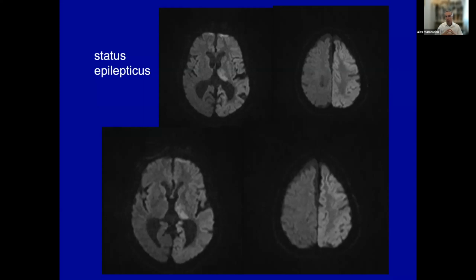You have to be cautious as to whether you're looking at the cause of the seizure or the effect of seizure. So you need to investigate in these cases when the patient had their seizure relative to the time of the imaging. Obviously, if a patient like this had not had a seizure for months prior to the imaging, then you would approach this quite differently.